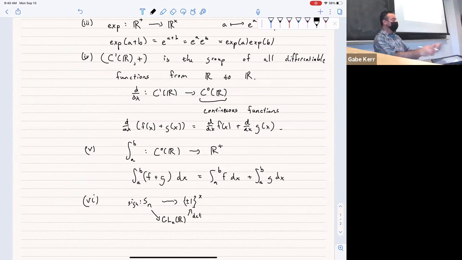That's precisely saying that that assignment is a homomorphism. Then the determinant we know is a homomorphism. You can compose homomorphisms and get homomorphisms. That's an elementary exercise to show. So indeed, sign is a homomorphism. A very useful one.